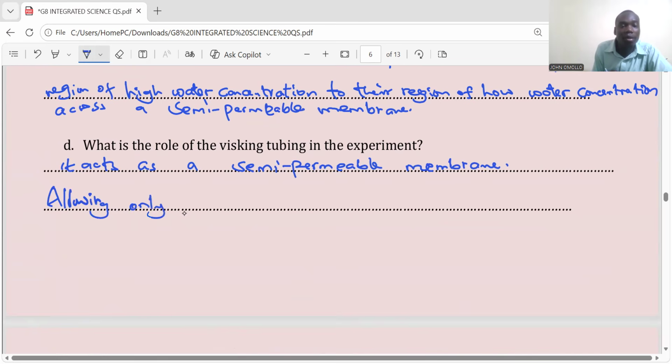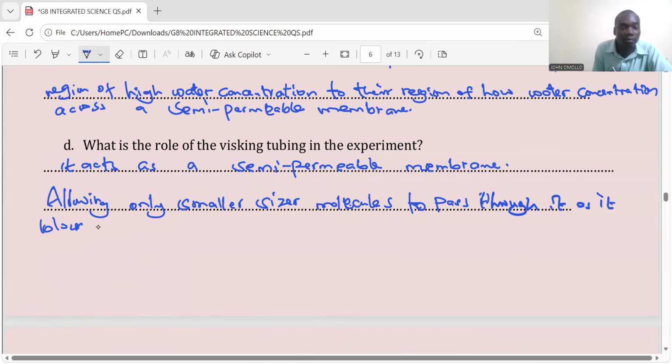only smaller sized molecules to pass through it as it blocks other larger molecules.